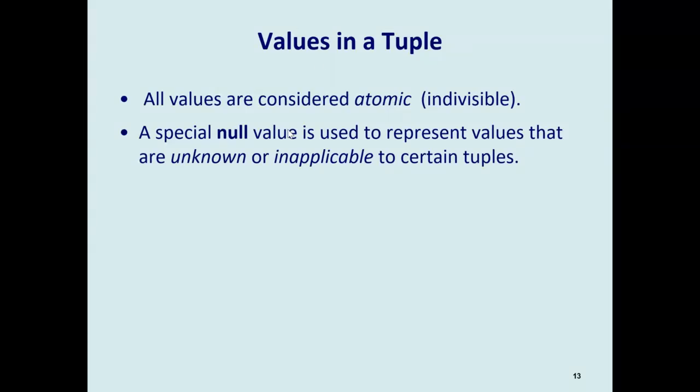This is also considered a relational data model constraint, meaning that every attribute can only take an atomic value. By atomic, we mean that an attribute cannot take multiple values, and also an attribute cannot take composite values. Okay, so that's what atomic means.